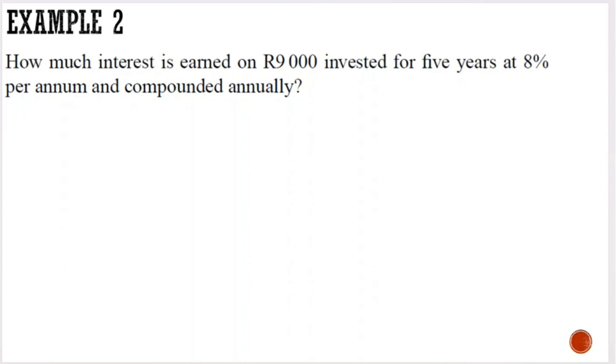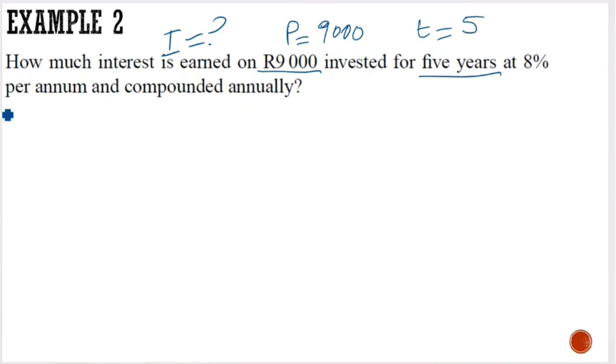I am not going to go through this question, but I'm going to highlight to you what it is that they are looking for. Here, they are looking for your I, that is the interest, not the interest rate, on the present value. Your P is 9,000, which is invested for 5 years, and your interest is compounded annually.